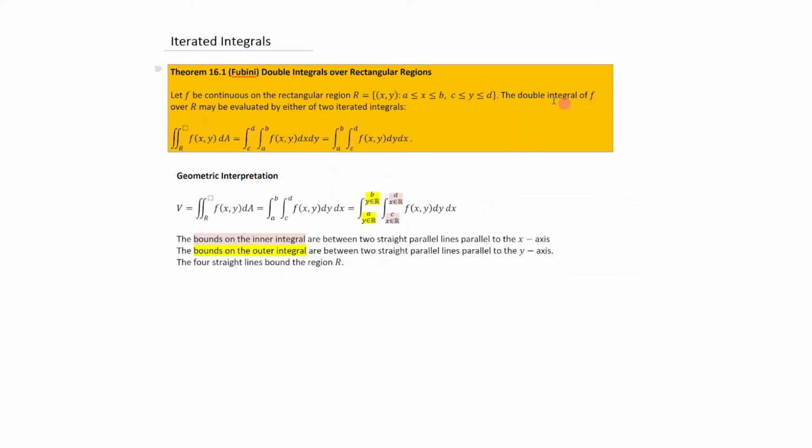The double integral of f over the region may be evaluated by either of two iterated integrals. We can either do integration with respect to x first between lower and upper limits a and b, followed by integration with respect to y between limits c and d, or we can reverse the order, in which case we do integration with respect to y first, from lower limit c to d, followed by integration with respect to x between lower limit a and upper limit b.